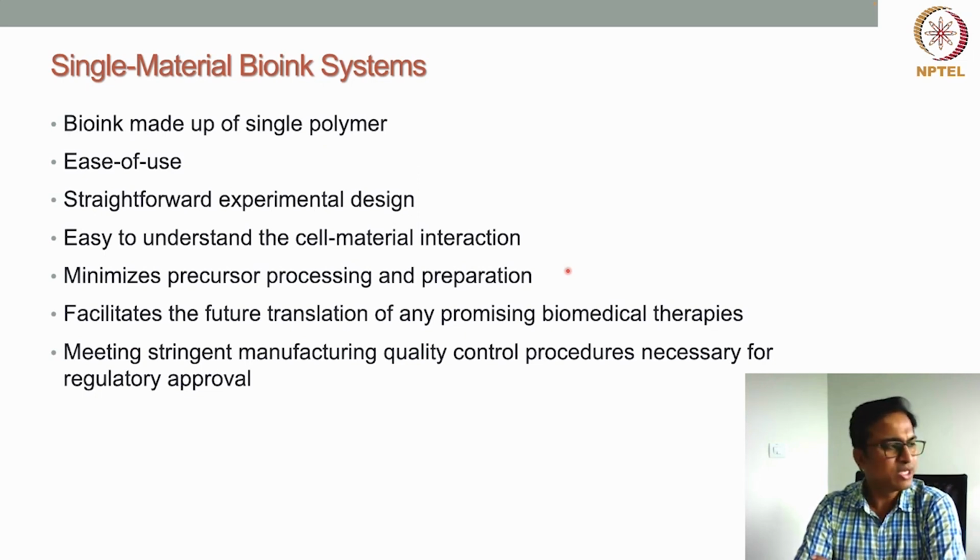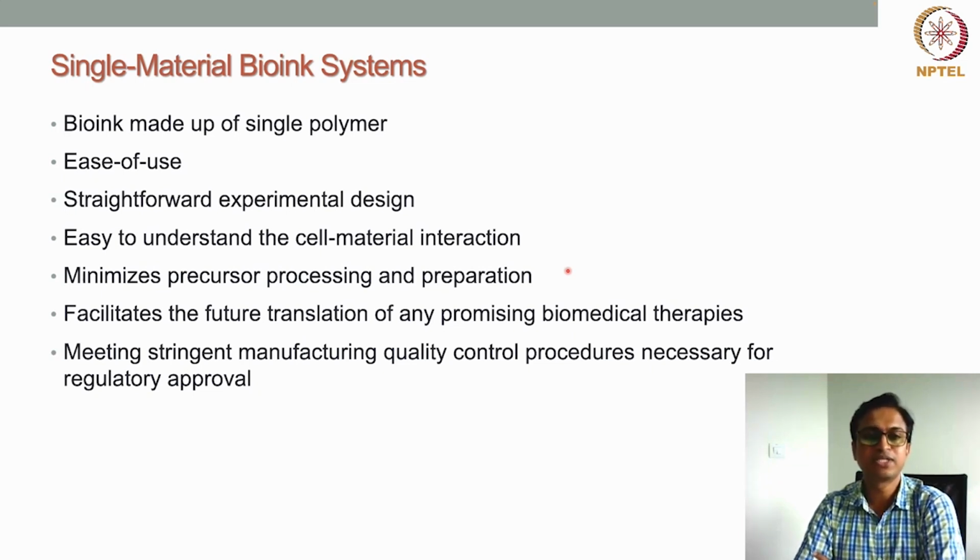And the other thing is, when you look at translation of your bioink system for biomedical therapies, suppose in the future one bioink is used for making some 3D structure and that can be translated.